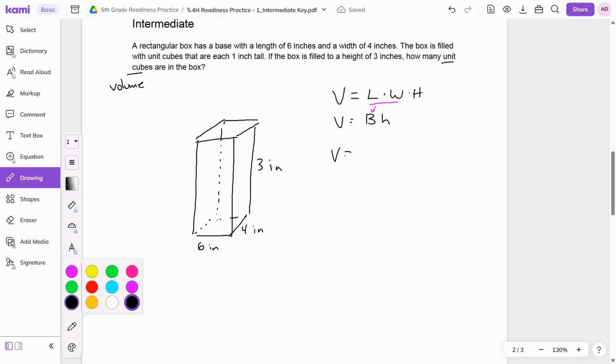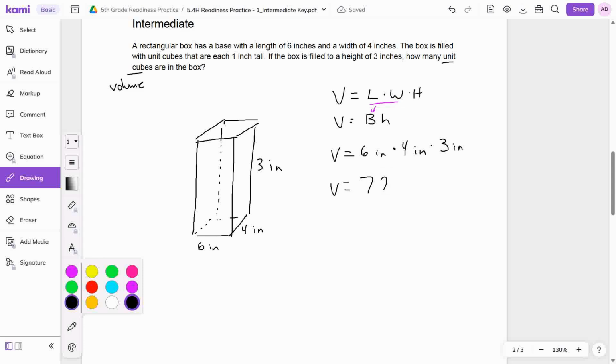We're going to take volume equals 6 inches times 4 inches times 3 inches. And that's going to let us know how many unit cubes we can put into this particular box. And so 6 times 4 is 24, and then 24 times 3 is 72.